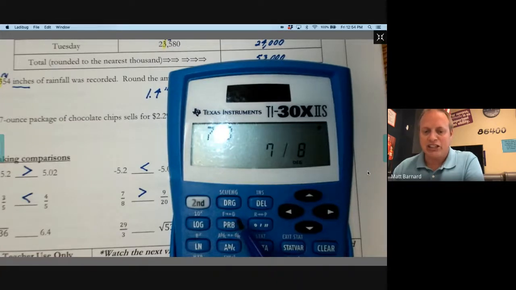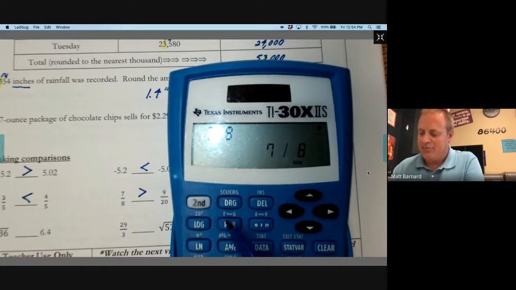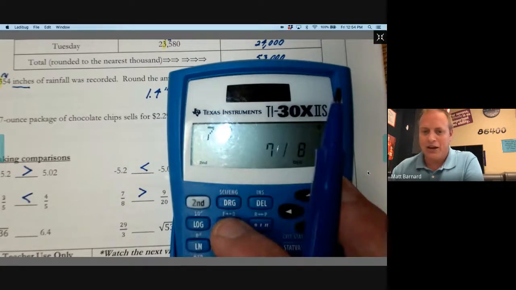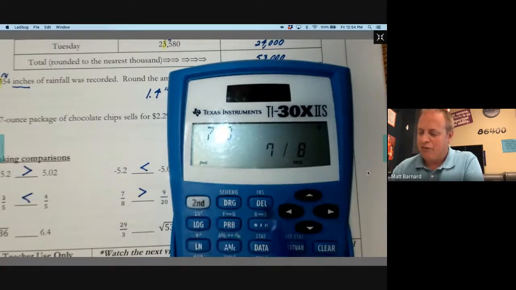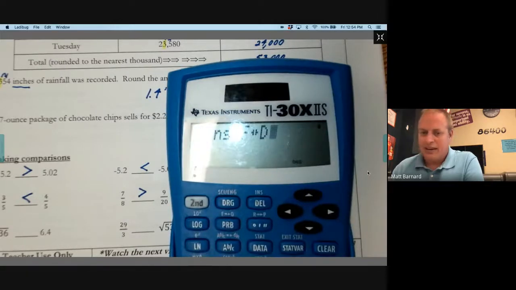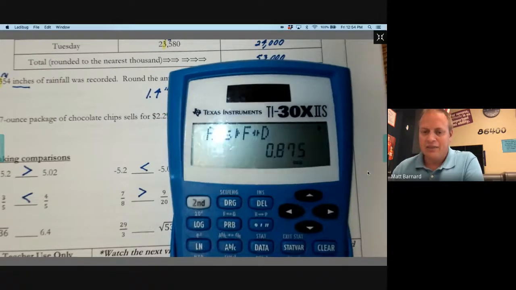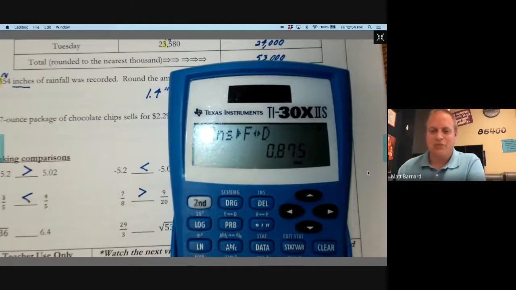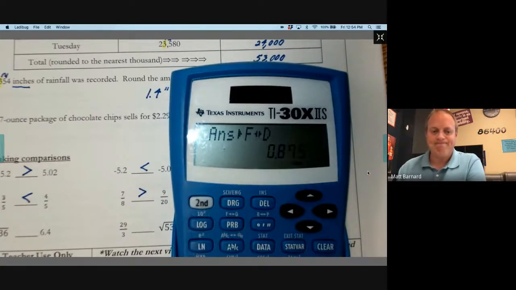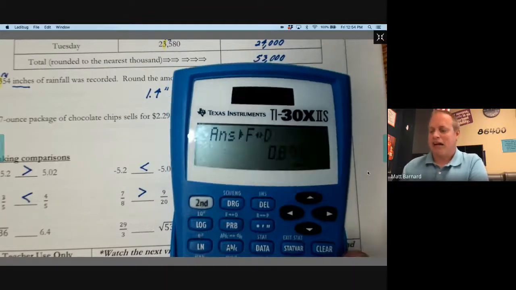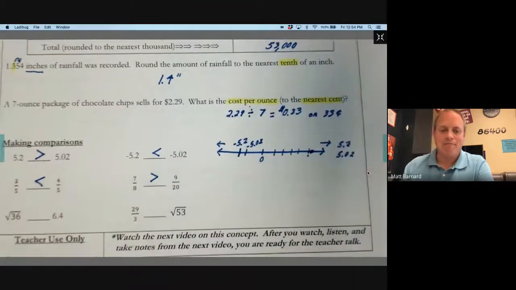That means fraction to decimal. Because it's above the button, we can hit second and PRB, or second and fraction to decimal, and hit enter. It changes it to a decimal there as well. So that's how you can do some of the fraction things, and more about that coming up.